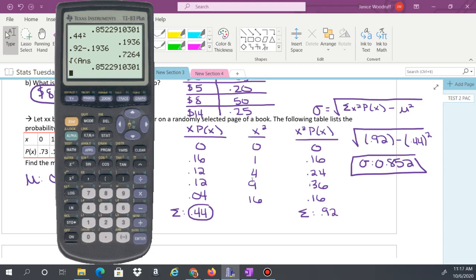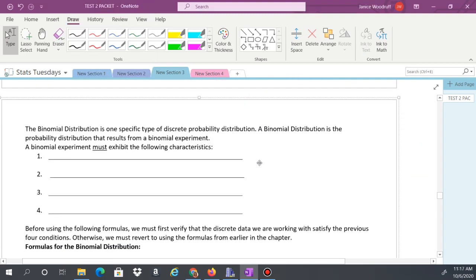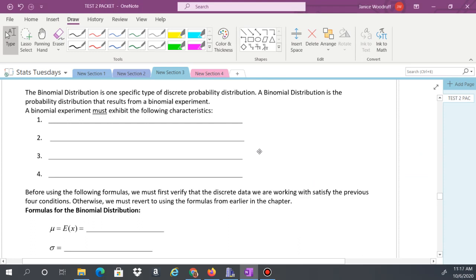All right, so let's move along. Let's talk about the binomial experiment. A binomial distribution is one specific type of discrete probability distribution. A binomial distribution is the probability distribution that results from a binomial experiment.